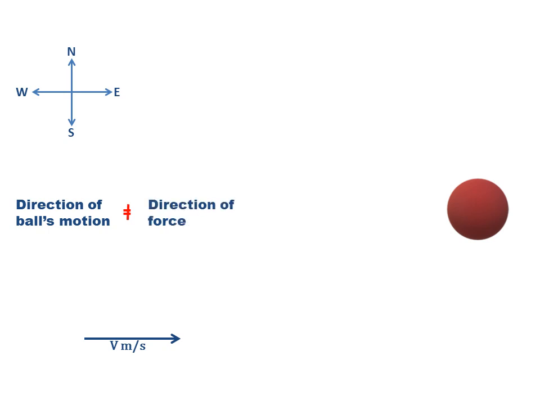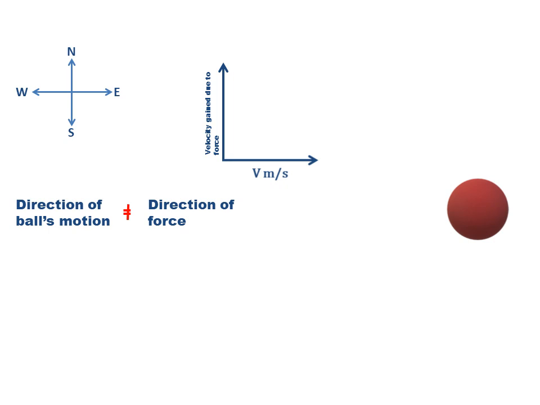Why did this happen? This happened because the ball initially had a velocity towards east. It is this v meters per second. Due to the application of force by the stick, the ball attained an additional velocity towards north. The important point to note here is that this force has no effect on this velocity v meters per second which is towards east.